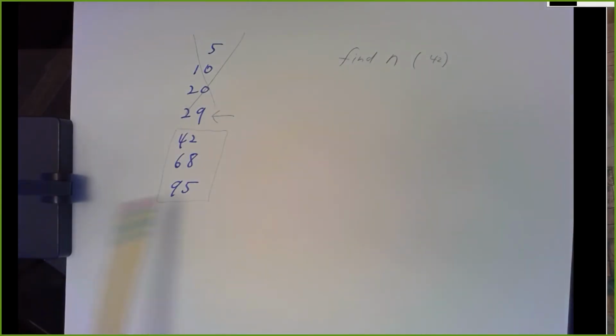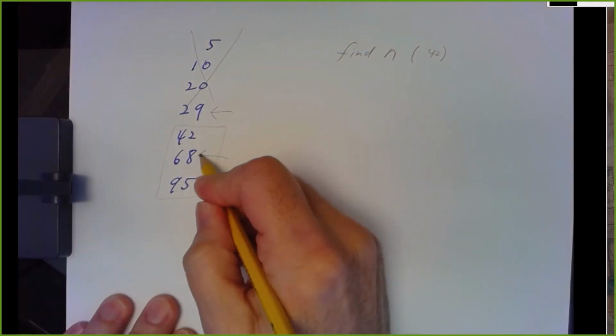Well, you and I can see it up there, but the computer can't. So what's the algorithm going to do next? What's it going to compare 42 with? Right, we're going to compare right in the middle. Look at the 68.